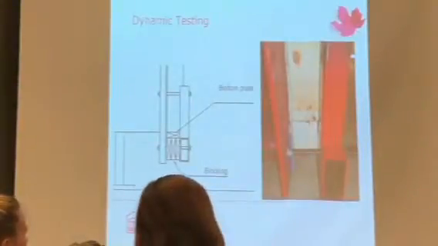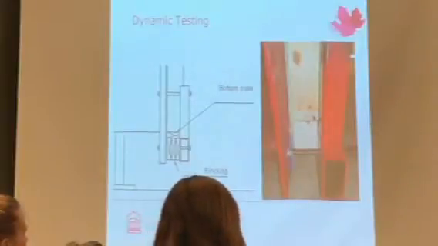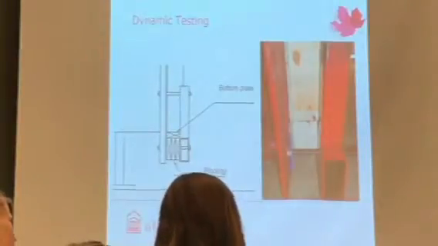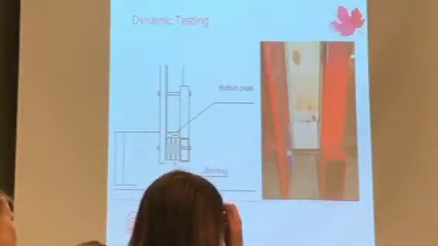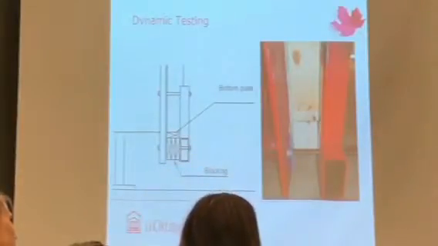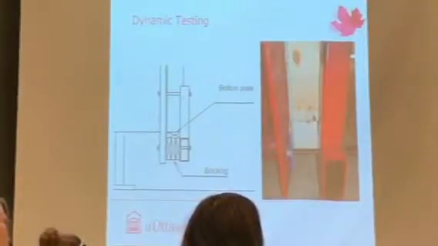Underneath it could be blocking, and typically this is toe-nailed to the blocking. We have a top plate, typically 2 top plates. And then again you have the floor system, and that is attached with a toe-nail this way to the system.